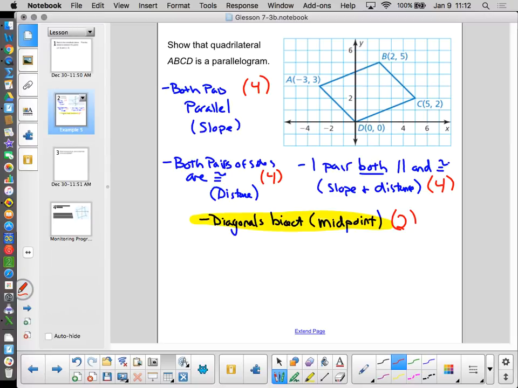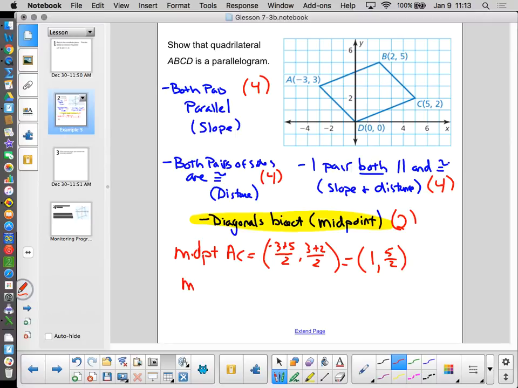But let's go ahead and do this one this way. Let's show that it is a parallelogram by showing the diagonals bisect each other. Simply what we'd say is, again, explain what you're finding. Midpoint of AC is at, and then do your coordinates. It's (-3 plus 5) over 2, and (3 plus 2) over 2. -3 plus 5 is 2, 2 over 2 is 1, 3 plus 2 is 5, 5 halves.